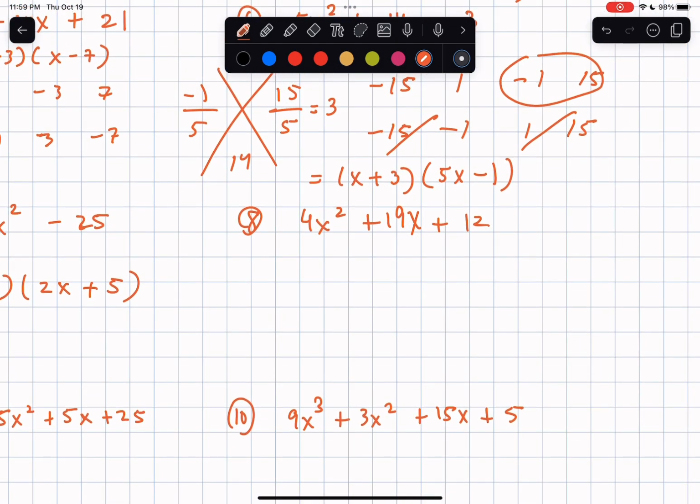Now let's go to 8. So 4x squared plus 19x plus 12. So we do cross method again. 4 times 12 is 48. And you put 19 in here. Divided by 4, divided by 4.